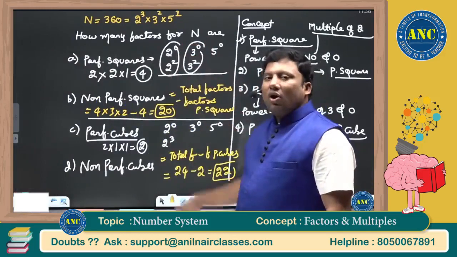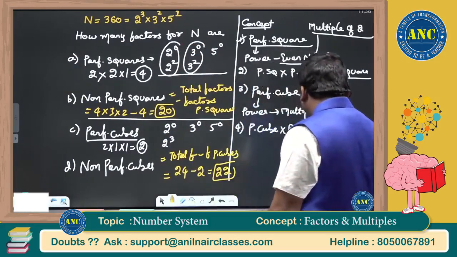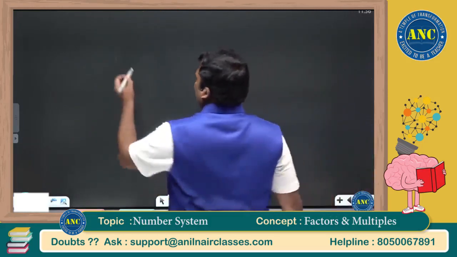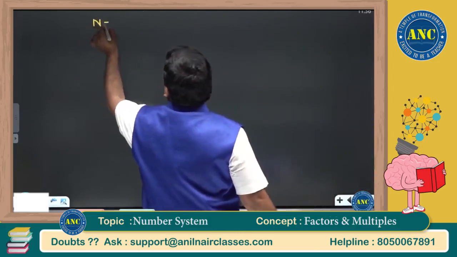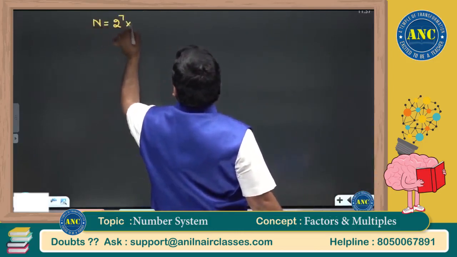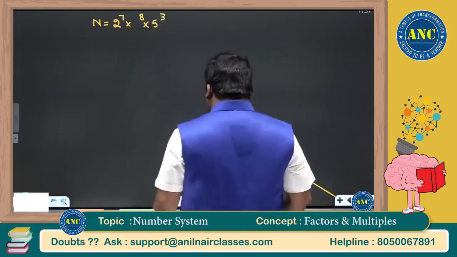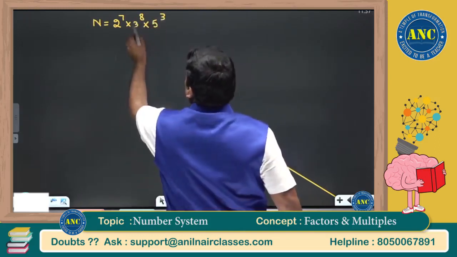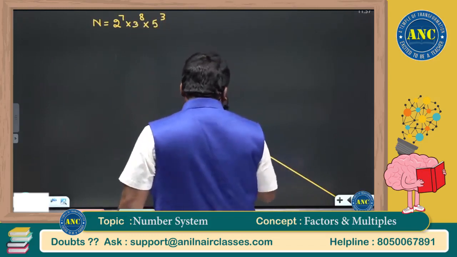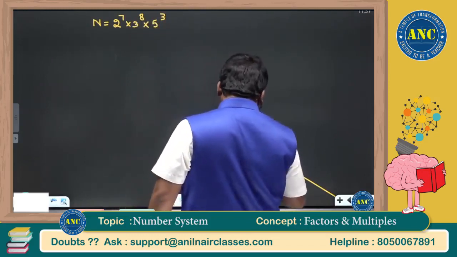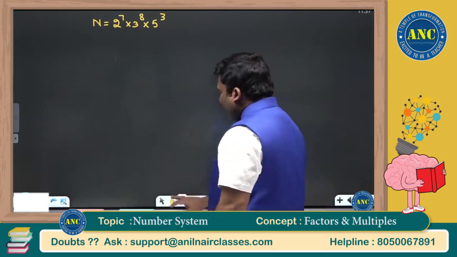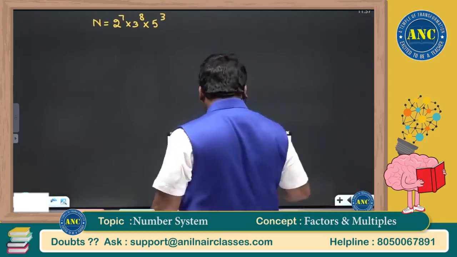Instead of writing all these, we will understand a logic. See here. N is equivalent to 2 power 7 into 3 power 8 into 5 cube. I took a little larger number.